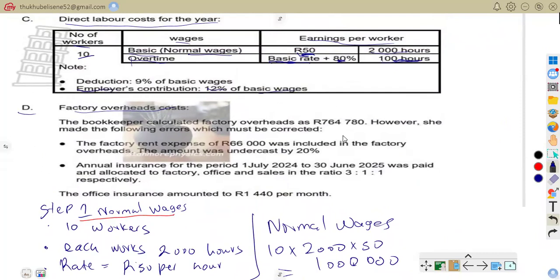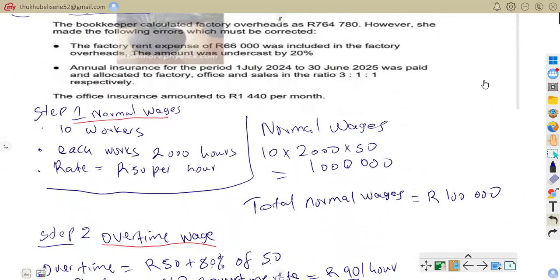How much is our basic wage? You remember very well, it is 1 million. Total normal wage is our basic wage. So we are going to calculate 12% of that, and that will be our employer's contribution.